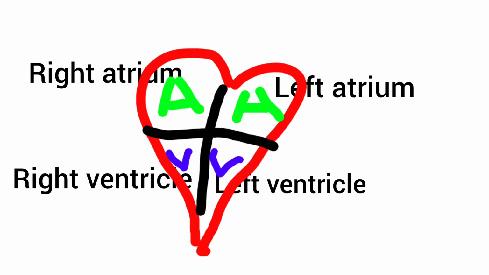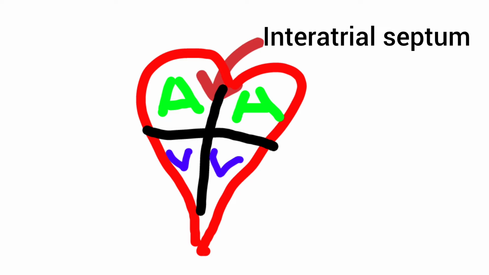But we need to also know the name of this septum, right? So this septum is between what? The atrium. Because it is between atrium, something that is between something, we say it's inter. So this one will be the interatrial septum. A septum is like a wall. So the wall that is between the atrium, we call it interatrial septum.